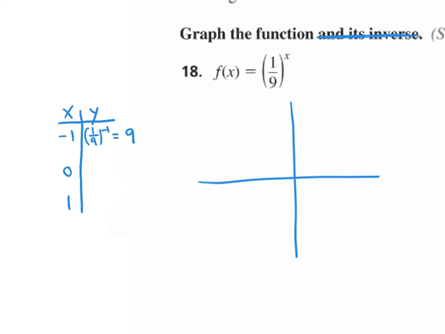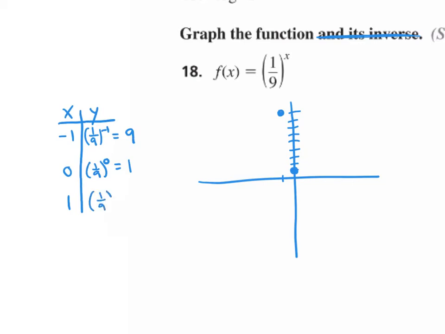So on our graph, we're going to go to the left 1 and up 9. So there's our first point. Next, we plug in 0. What is 1 over 9 to the power of 0? 1. Anything to the power of 0 is 1. Got to remember that. So we stay at 0, go up 1. And then let's plug in 1.